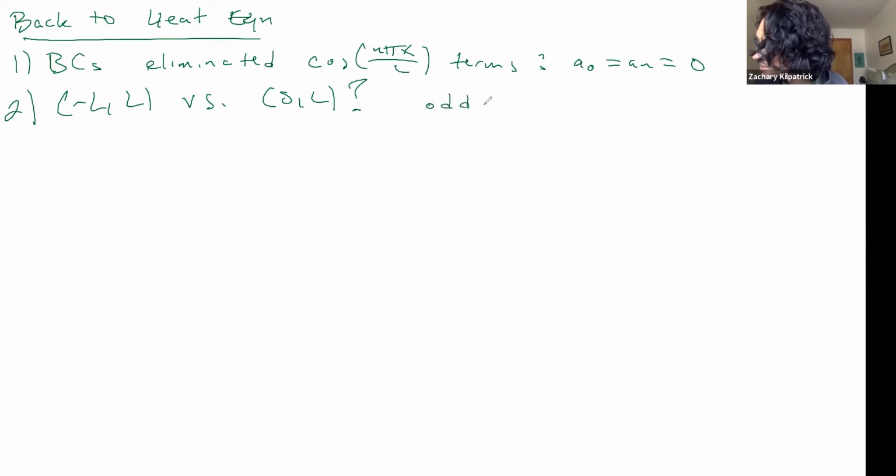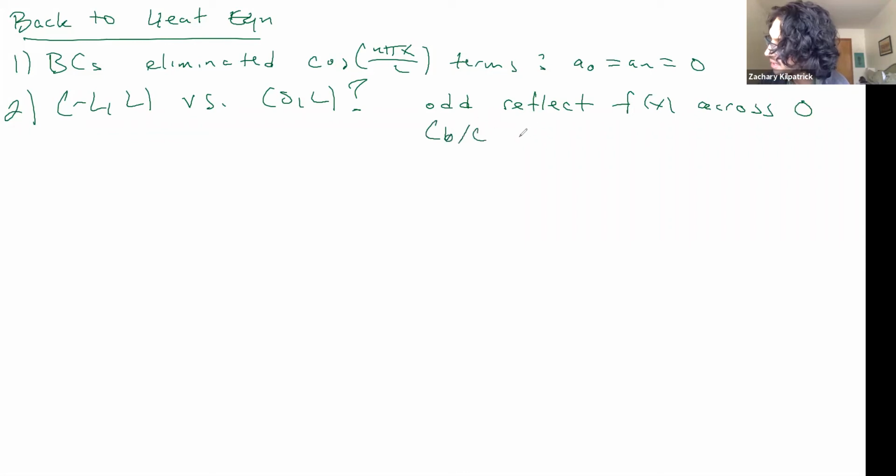Well, in this case, what I can do is just odd reflect f of x across 0, okay? Because sine of n pi x over L is odd, so I know that I'm going to have an odd function anyway, right?